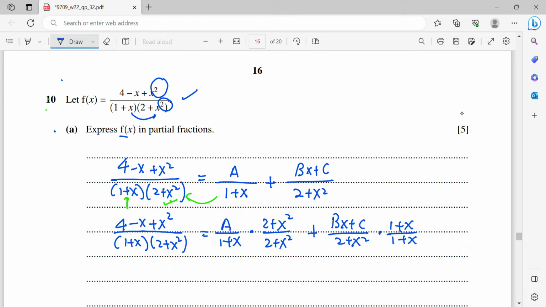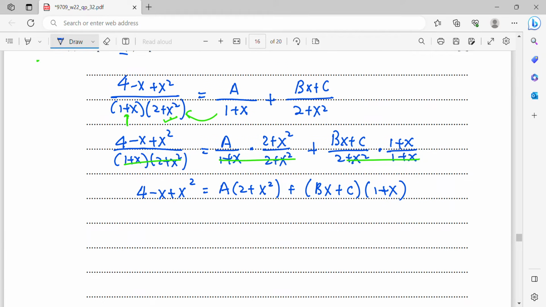Right, so now since all denominators are the same, basically we can cancel off all the denominators and just write down the numerators. So these are the terms that we are getting right now.